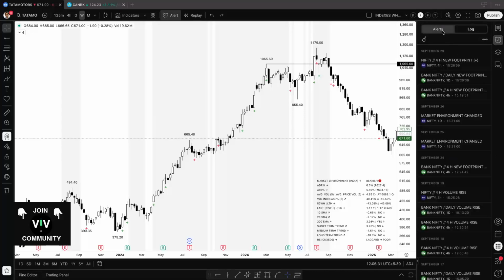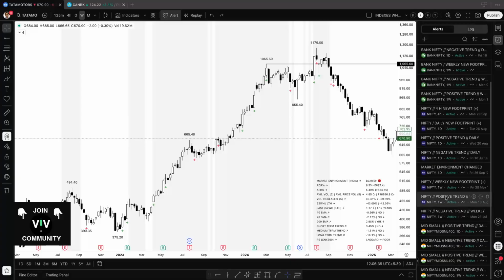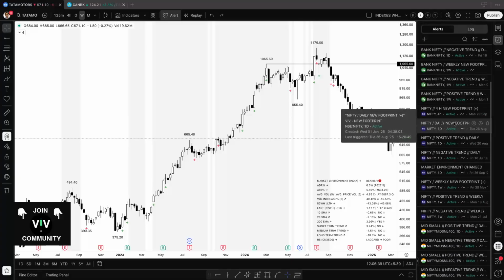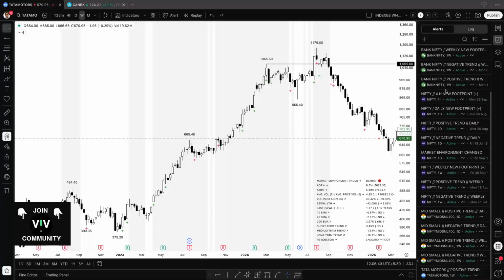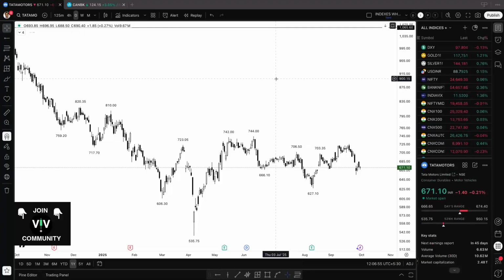You will see in your alerts, it will start showing, here it is, Tata Motors positive. Whenever Tata Motors gets positive, it will show you the alert. So by that you can manage all your trades very easily.